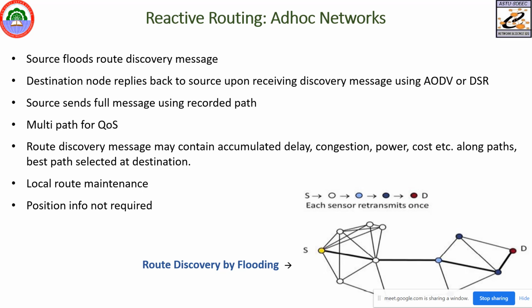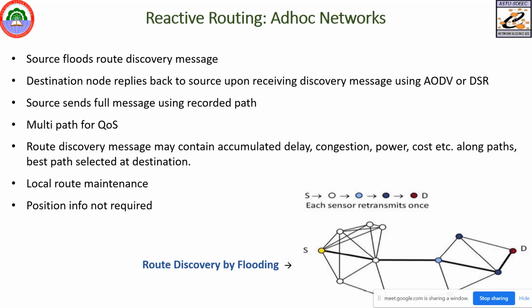So finally, what is going to happen is, because it is going to have the shortest path between source and destination, whichever path is shortest, that path is going to be selected for that particular transmission. So all the packets that are sent from source to destination are transmitted through this particular path only.